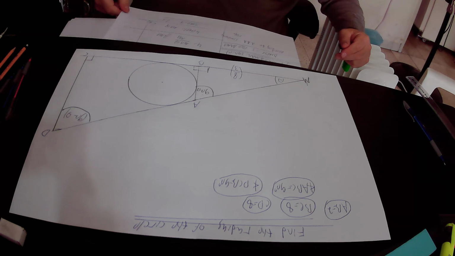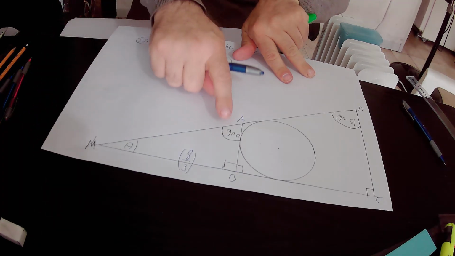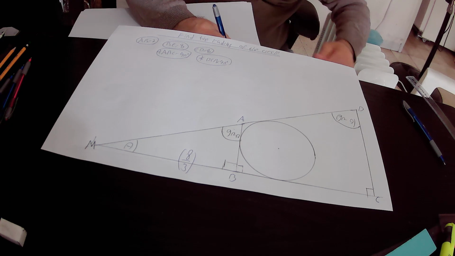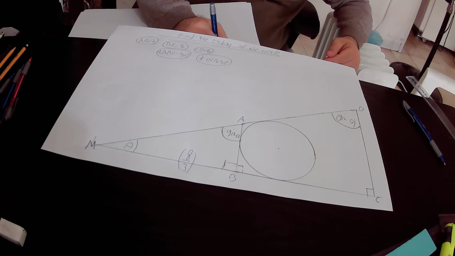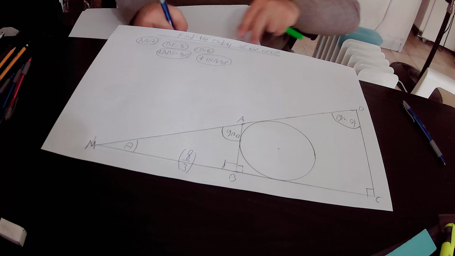In the next step, we'll focus on the right small yellow triangle AMB. And we will implement the Pythagoras theorem in this right small triangle AMB. Here PT is the abbreviation for Pythagoras theorem.